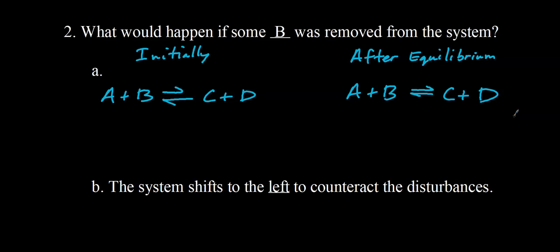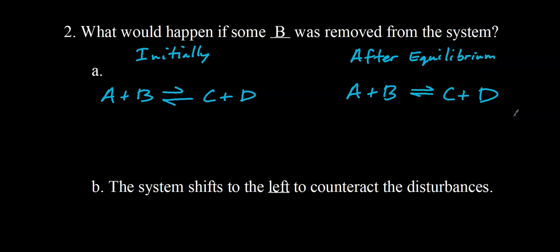Let's think in terms of Le Chatelier's principle. If you remove B from the container, what does the system want to do about that? Again, the system always responds opposite of what the change is. So if you add A, like in the last example, the system's going to respond in a way that gets rid of some of that extra A that was added.